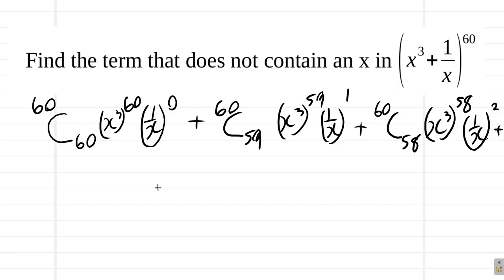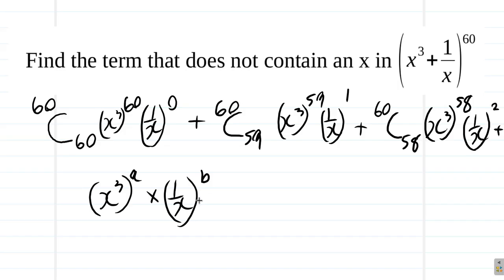That means you're going to have x cubed to a certain power, whatever it is, call it a, times 1 over x to another power, call it b, is going to be x to the 0. And x to the 0, you don't need to write it, so that term will not contain an x. Alright?